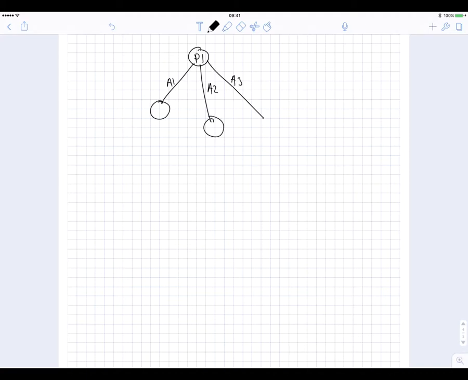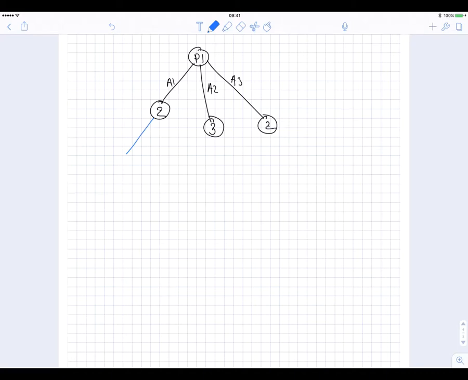Which player do you want to be here in the first node? Let's say player 2. Which player do you want in this node here? I'd say 3. Which player do you want in this node here? 2 again. Okay. How many actions do you want player 2 to have here?